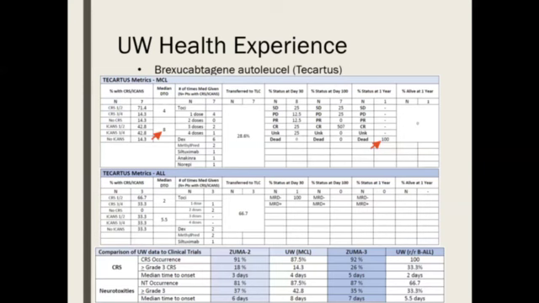Brexucabtagene autoleucel, or Tecartus. We're talking about 7 patients in the mantle cell population in the upper top, and 3 patients in the ALL population in the second column here. They did note that in CRS, the number of days to onset, 4 days, seems pretty long in our population. 8 days to neurotoxicity again seems pretty long with regard to our patient population.